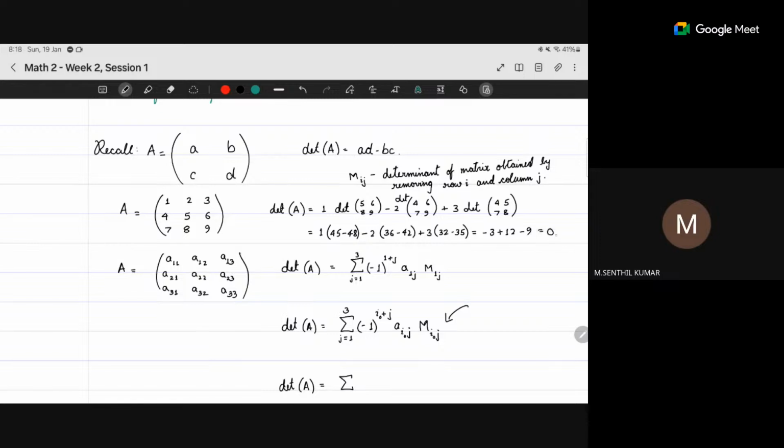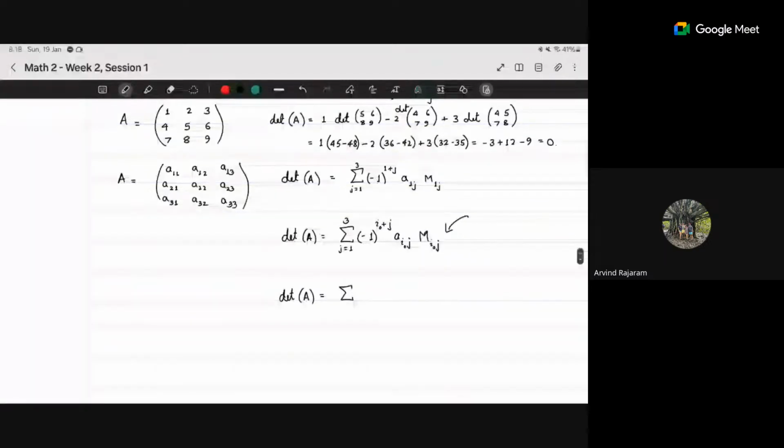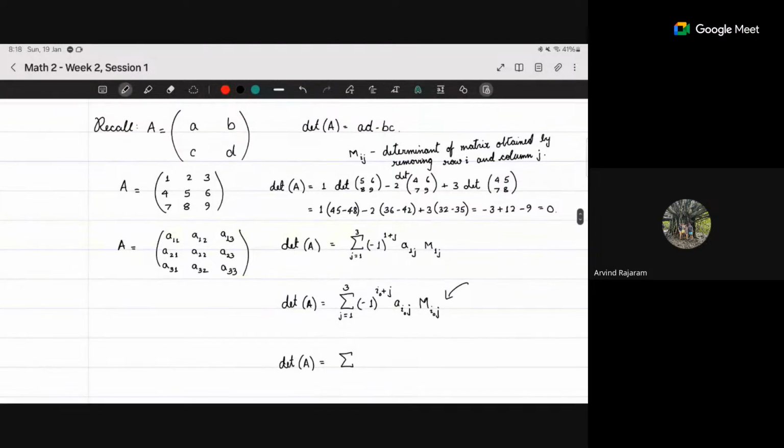So this determinant is 0. Is that correct? Yes, this is correct. Determinant is 0.